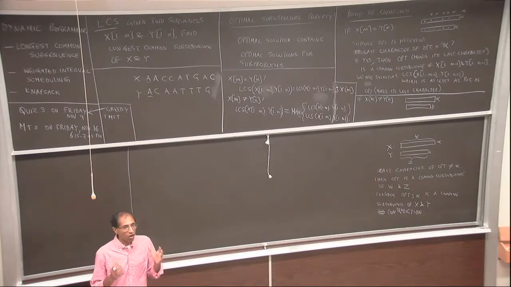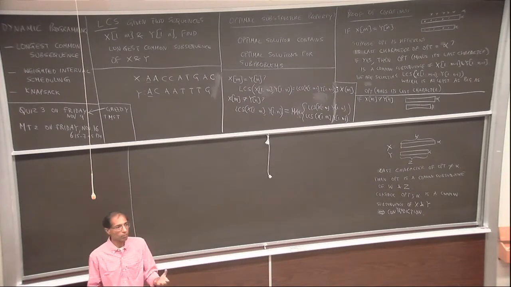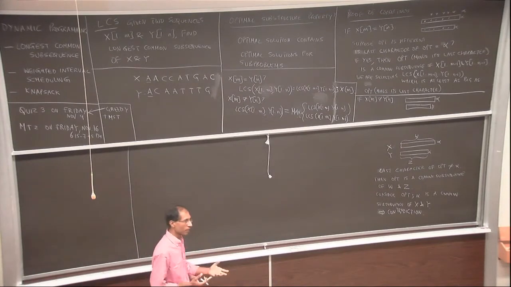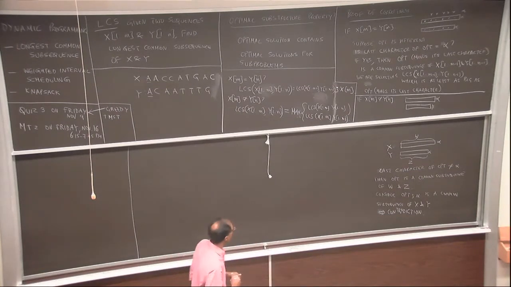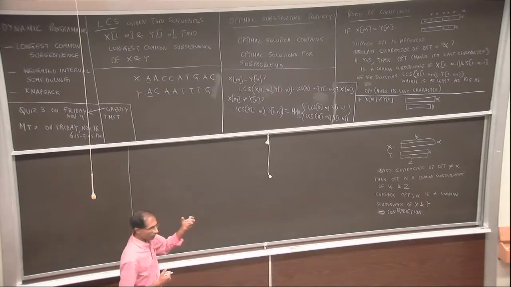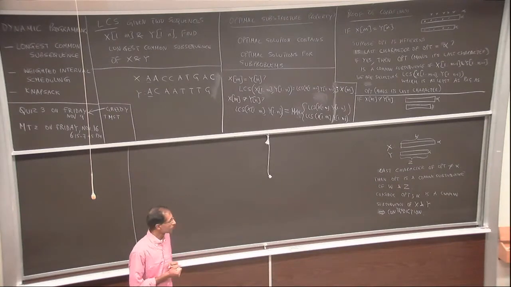Okay? So all of these have some objective in mind. But what you want to find is a solution that has the highest objective. Like minimum spanning trees, you want to find a spanning tree that has the least weight. Okay? So all of these will have an objective, and all of these will have a kind of a solution, which will be a tree or a set or whatever.